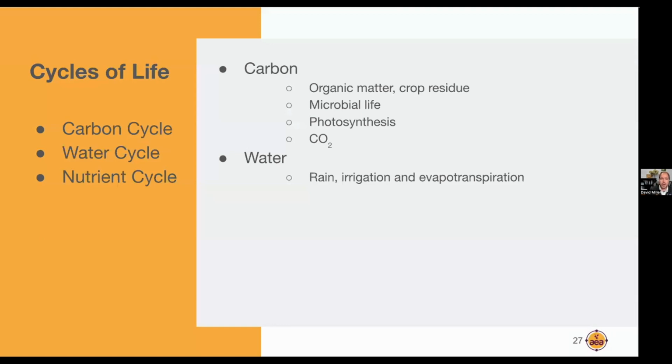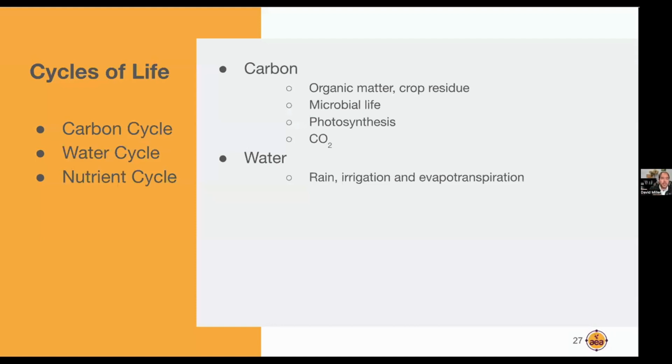If you have an organic matter of 2, you can hold 54,000 gallons of water, or 2 acre inches. If you have an organic matter of 3, you can hold 3 acre inches. So that suddenly makes a huge difference in our water cycle within our plants.